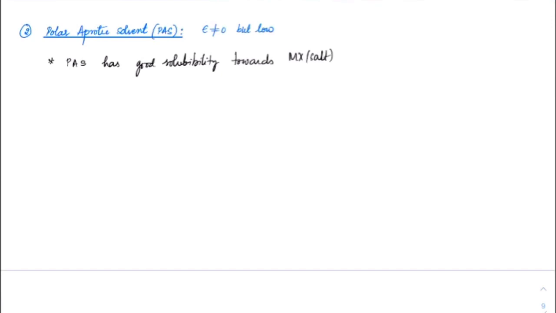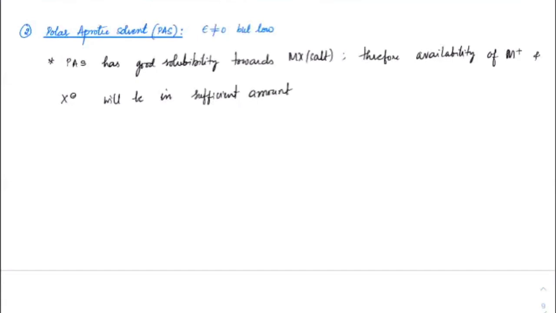Let's say MX is a salt which you are adding. Therefore, the availability of M plus and X minus will be in sufficient amount. That is not an issue here. Definitely we will have enough M plus and X minus.